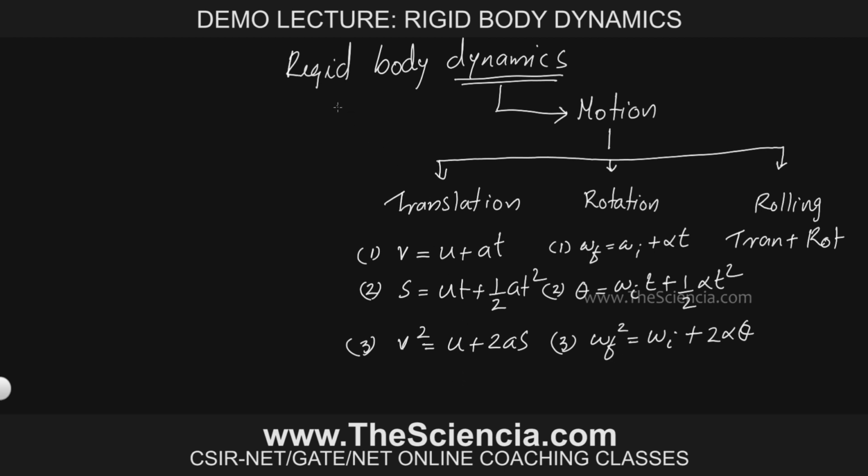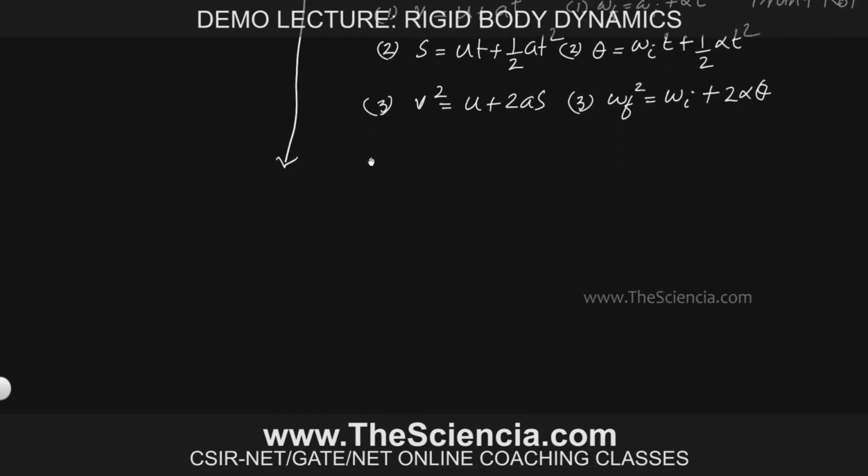And now, what is the second term? That is rigid body. What is its meaning? So, what is a rigid body? The definition of a rigid body is like this: a system of particles in which the distance between any two particles is fixed.